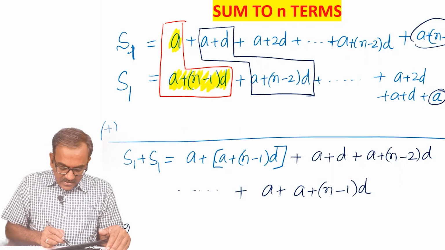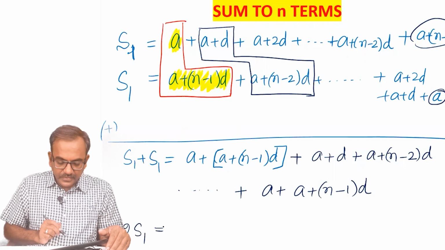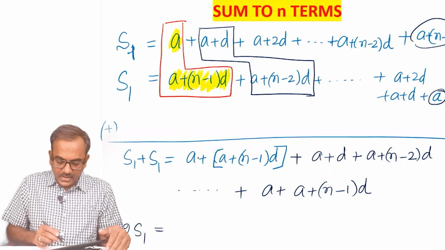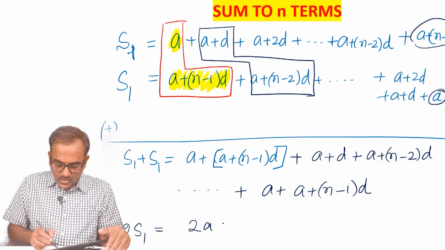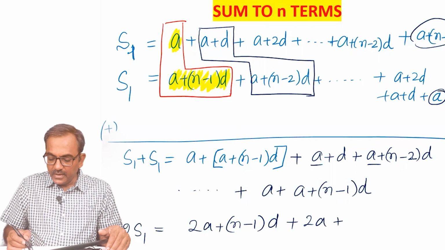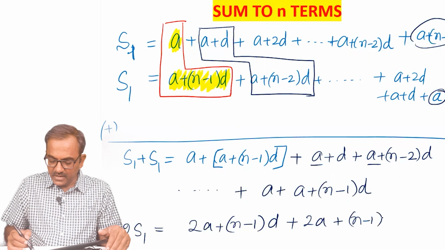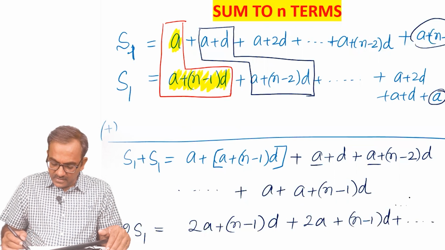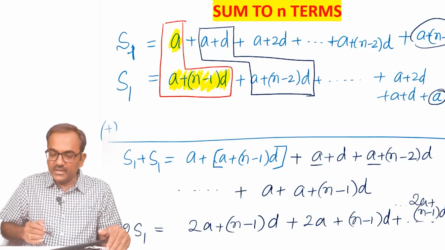The same way, 2S1 is equal to a plus a, 2a plus n minus 1 times d, plus a plus d plus a plus n minus 2 times d, which again is 2a plus n minus 1 times d, and so on up to the last, which is again 2a plus n minus 1 times d.